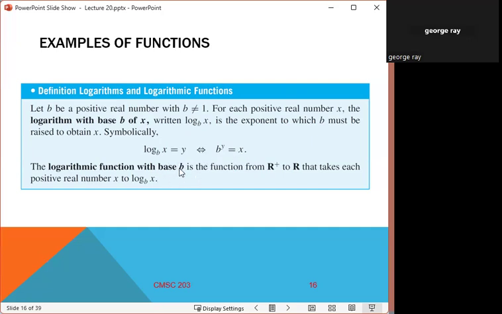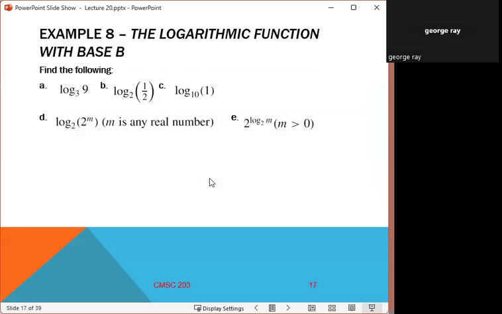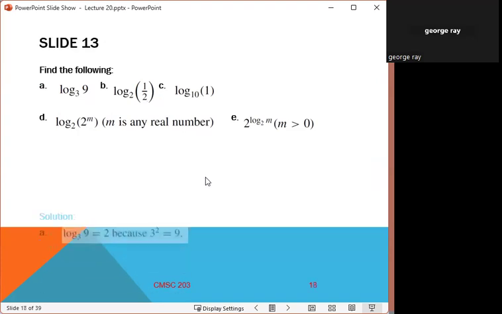And so you have different bases, base 2, base 10, and so on. So let's look at a couple of these. The log in base 3 of 9, log in base 2 of 1/2, and log in base 10 of 1.